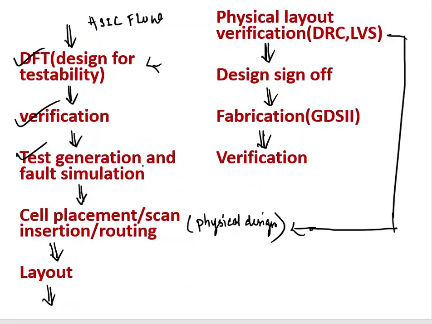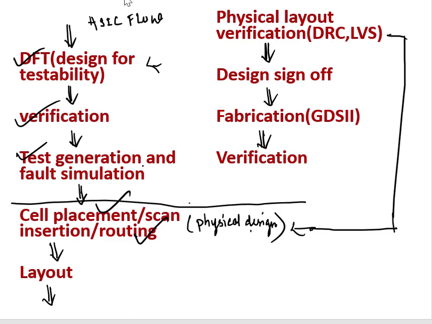Then the next part is physical design. From here, this part is physical design. The first step is cell placement or scan insertion, or routing. See, let me show you what this physical design is all about.